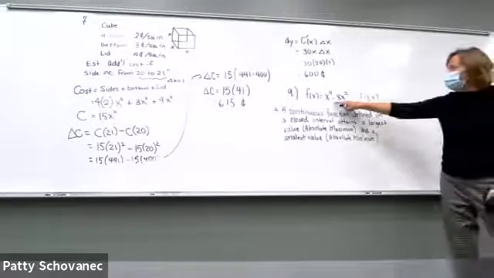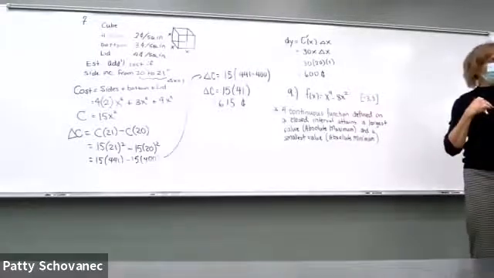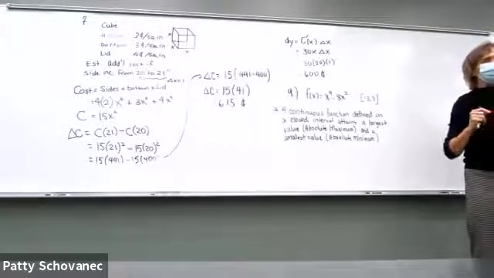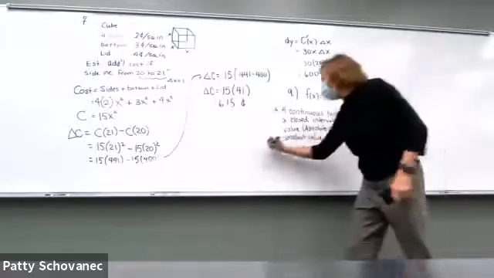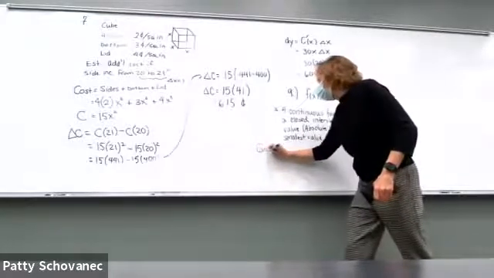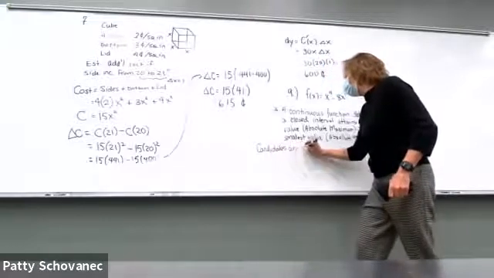We have a continuous function here and we have a closed interval. Now I need to go look for them. So the problem tells you how to look for them. It says find the critical numbers. So the candidates are the critical numbers.